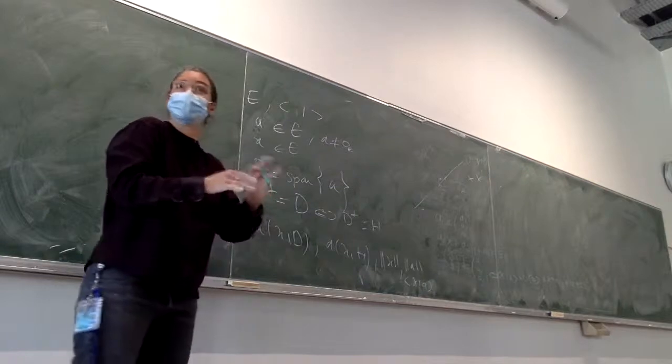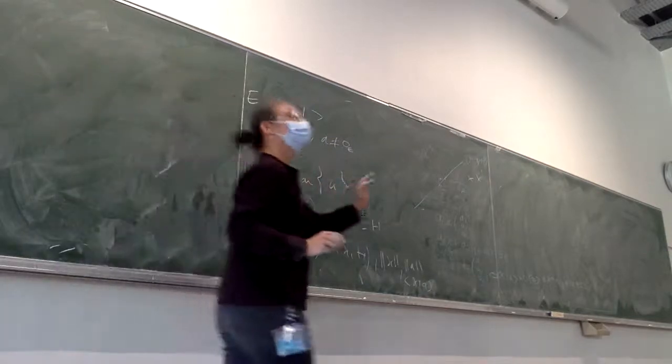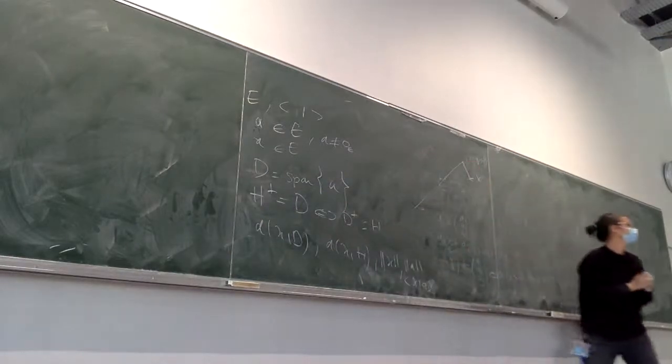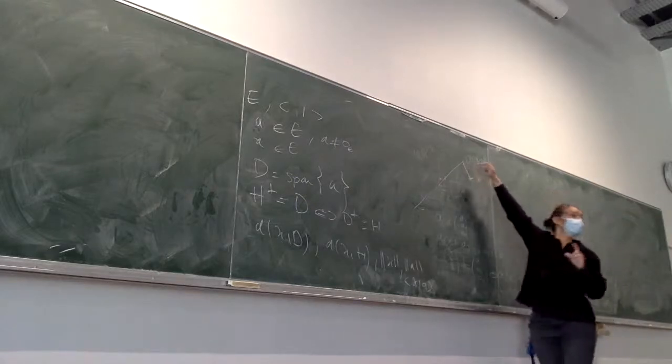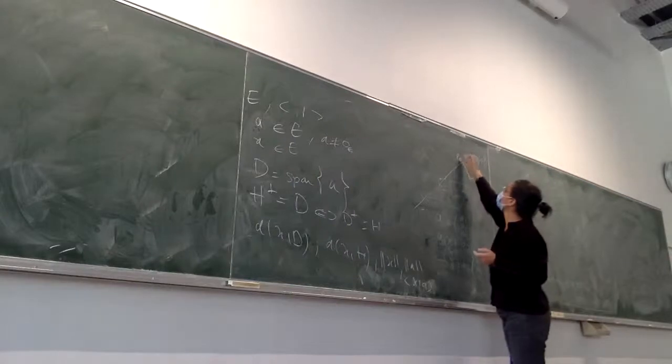So again, it's going to be orthogonal projection. Of the distances between the points on the line, the shortest distance, the one that corresponds to the shortest path to go from that point to the line, is going to be the orthogonal projection on that line.